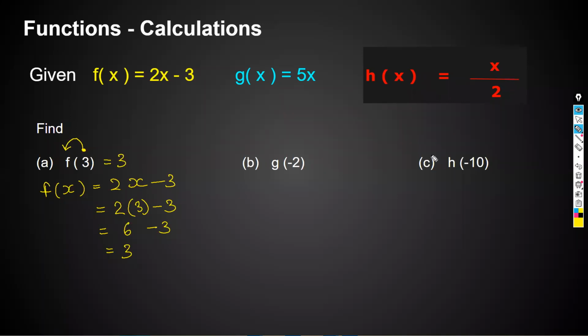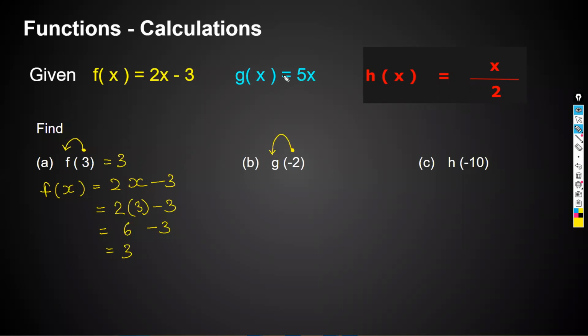So before you take down that one, let me work out part B for you so you get an idea. Part B, they want us to work out g(-2). So what do we have in the brackets? Minus 2. So we are going to visit g. We're going to take minus 2 and put it into g. We work in backwards.